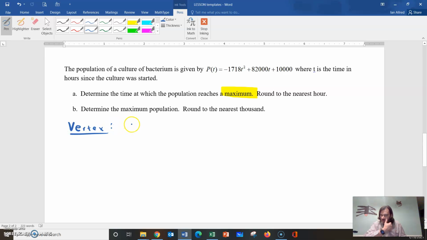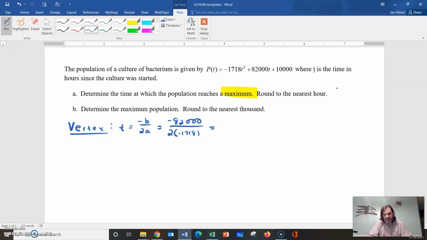Keep in mind that in this case we've got t, so that'll be t equals negative b over 2a. And in our quadratic up here, our b was 82,000, so we'll have negative 82,000 all over 2a, which is 2 times negative 1718. Now, in the problem up here, it says round to the nearest hour, so we're going to make this a whole number, but let's see what we get.